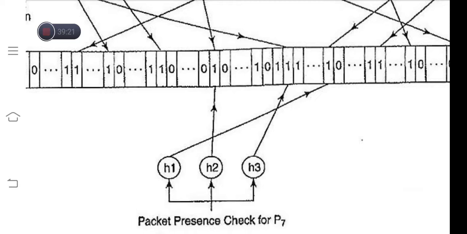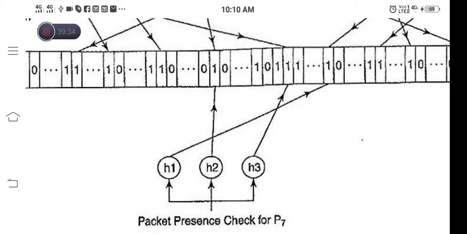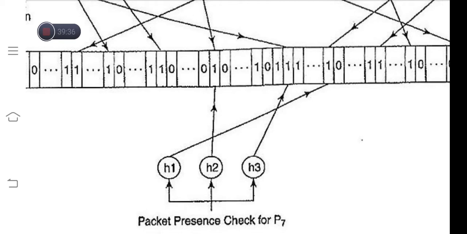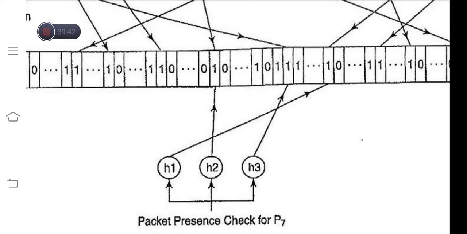It looks to see if the corresponding bits in the Bloom filter are set. The output of H1 gives us an index into the Bloom filter, as we see through the line joining to the array. At that index we check whether the value 1 is present or not. If the value 1 is present, the packet P7's information is stored, which means the router has come across P7.